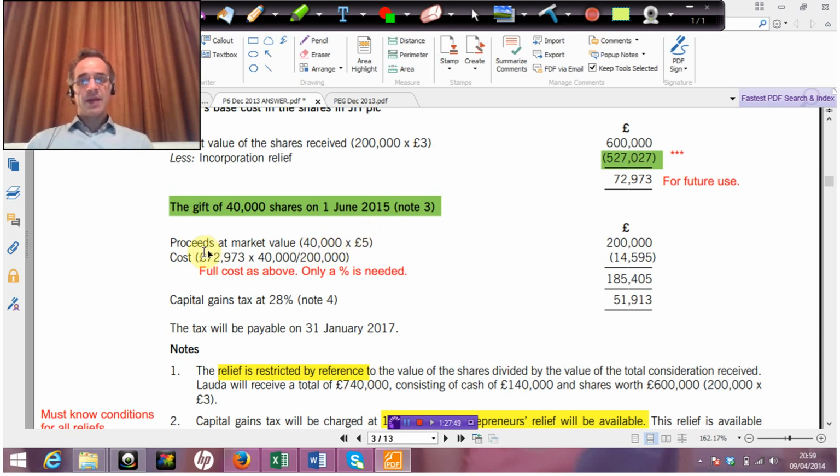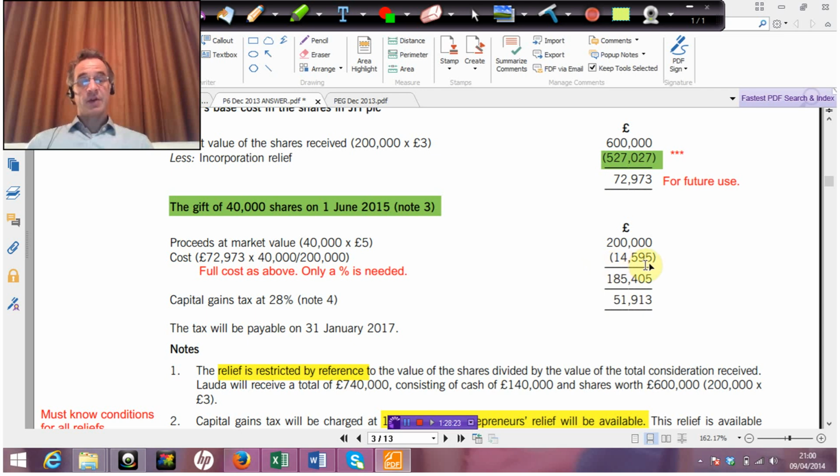And then what we had to do is to say, okay, if a gift is taking place of 40,000 shares when we know that there are 200,000 held in total, then we must go back up here to our reduced base cost, because remember this is the reduced base cost for all of the shares. So we have to take a proportion, 40,000 over 200,000 of that reduced base cost and put it in as our cost.